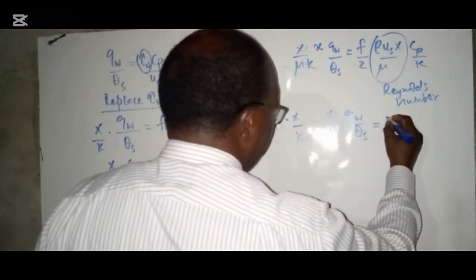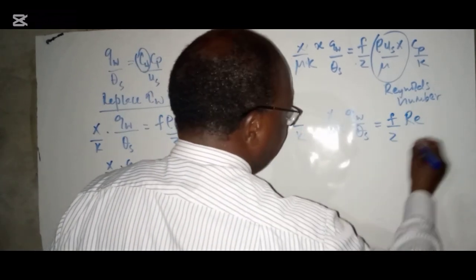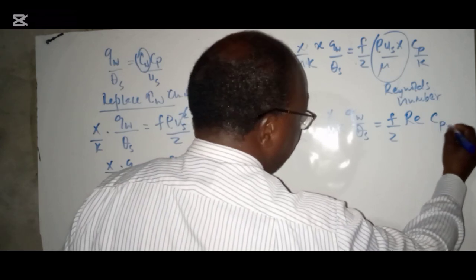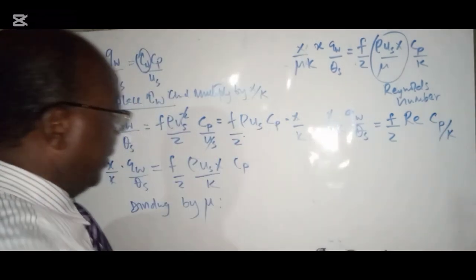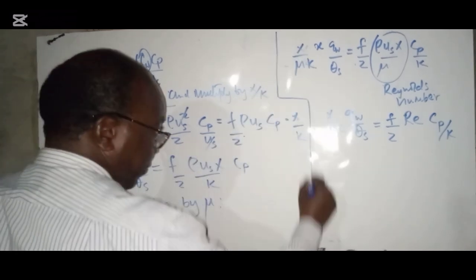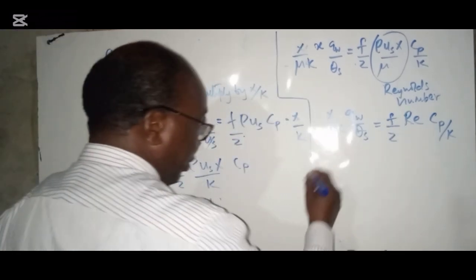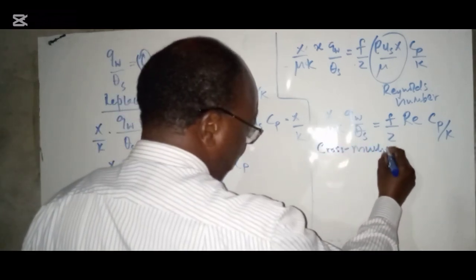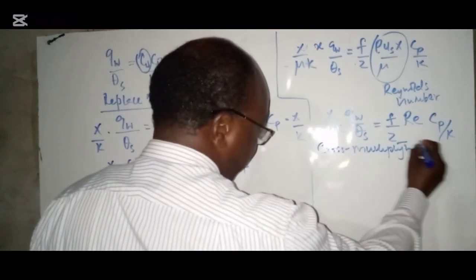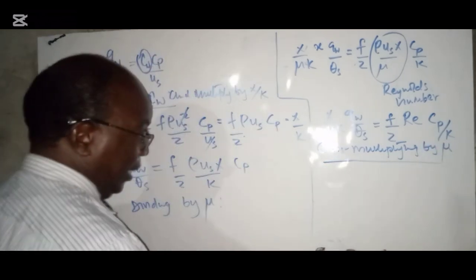And that would be F over 2, with the Reynolds number now factored there, Cp over K. So if we remove this mu K by cross multiplying by mu, which is dynamic viscosity, what do we get?